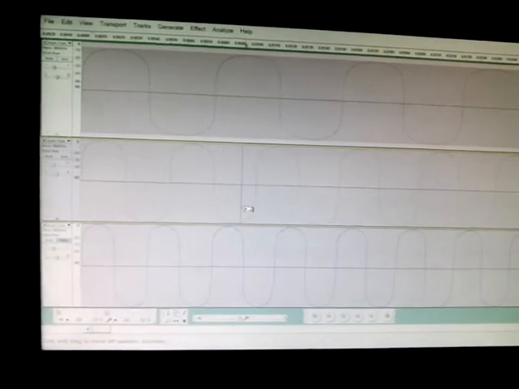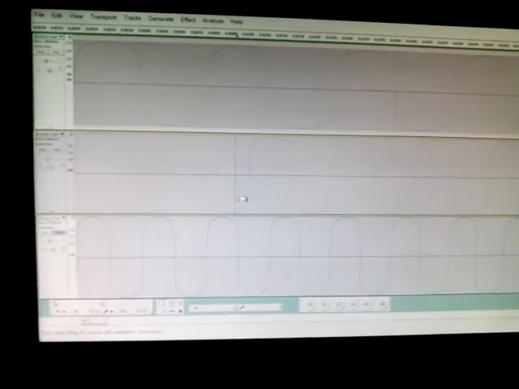So the simpler the fraction is, this is 3 to 2, and this is 4 to 3, the more comfortable the sound is.